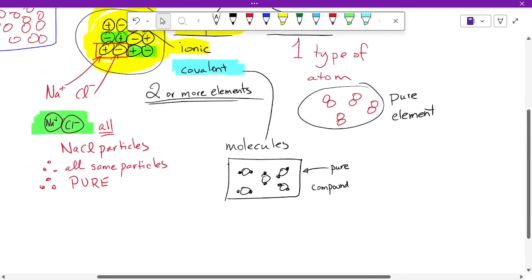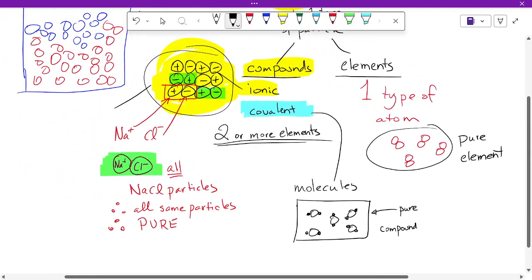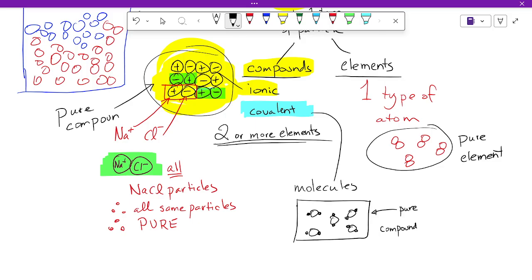This one up here, this is a pure compound. Okay? So if something is pure, it's either a compound or an element.